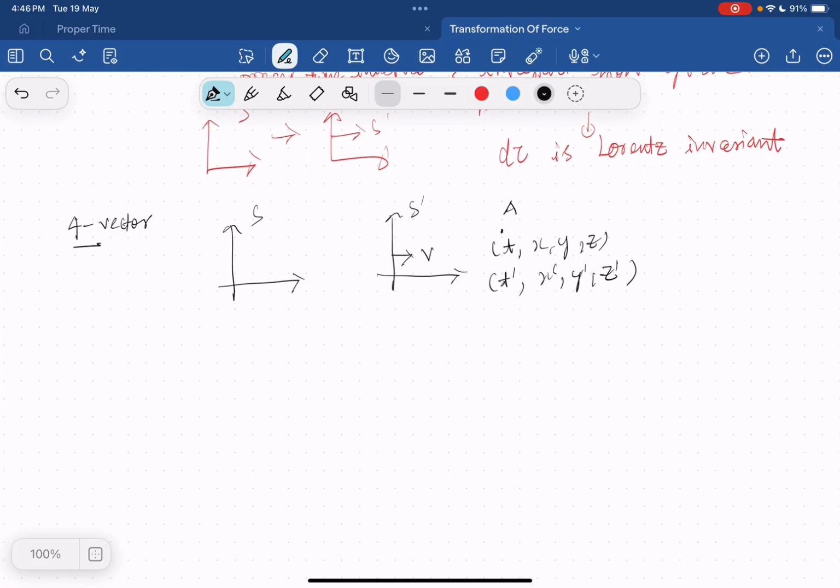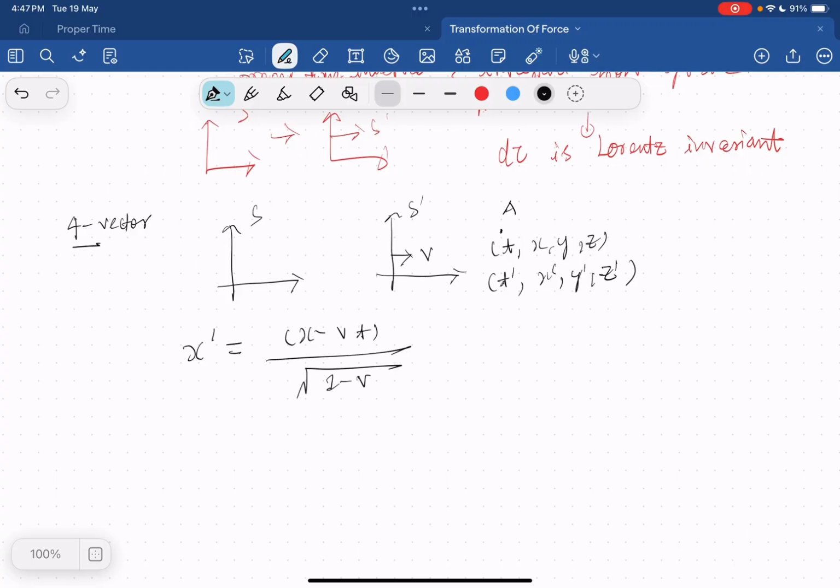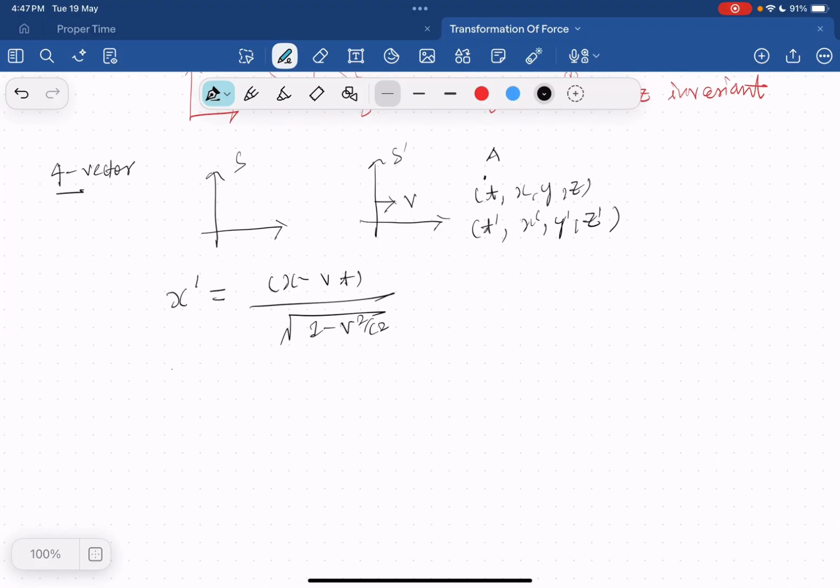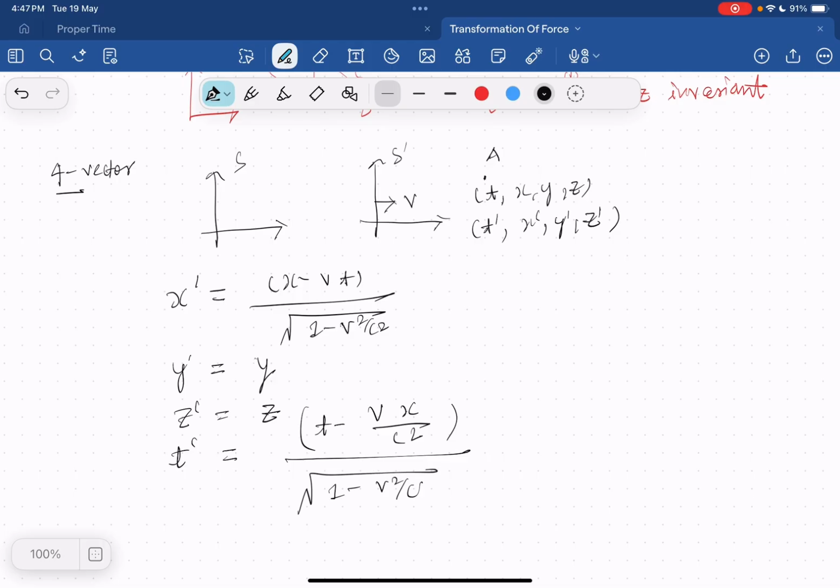So the Lorentz transformations are given by this set of relations. x prime is x minus vt divided by under root 1 minus v square by c square, and since there is no relative motion of the frames along y and z, y prime is going to be y and z prime is going to be z, and your t prime comes out to be t minus vx by c square, whole divided by under root 1 minus v square by c square.